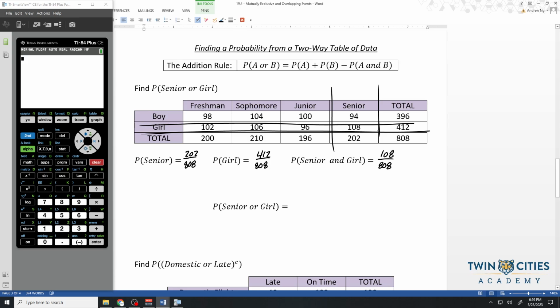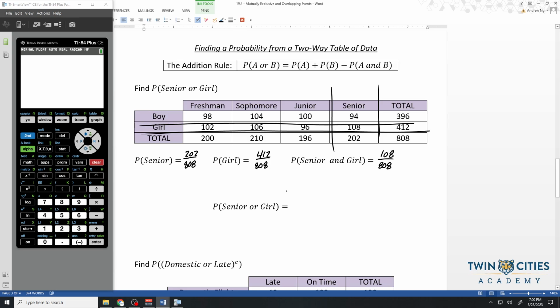I've counted it twice accidentally. That's why I have to subtract it once. And that's why you add these two together and then subtract where it intersects, where it overlaps. That's for accounting that you've counted them up twice.